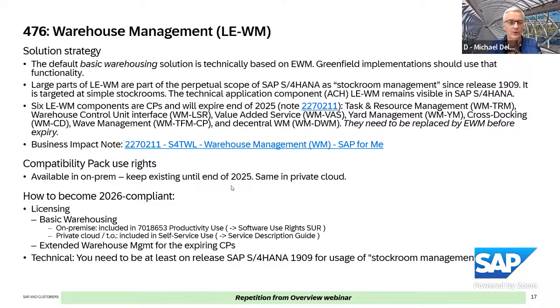There are 6 components. You're seeing them in the 3rd bullet point, which also expire end of 2025. So please be aware of that and make sure that you have replaced these 6 components in your production system by the end of 2025 with EWM, because that is the go-to solution here. Next slide, please.